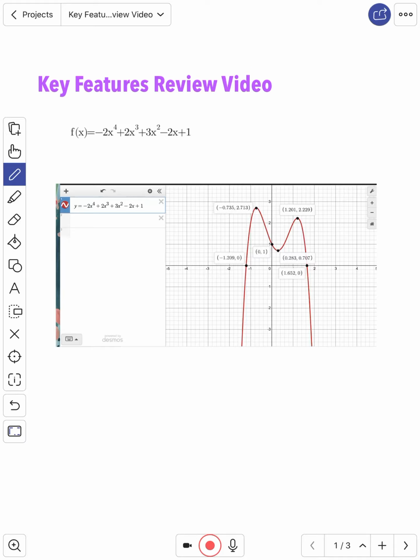And I'm going to look at my graph. Now, the first thing I'm going to do is find those points that are significant in determining my key features here. So I'm going to do a little bit of highlighting more at the beginning. First thing, let's talk about the domain and the range. When I think about the domain, I'm thinking about how far left to right, and for the range, I'm thinking about bottom to top.